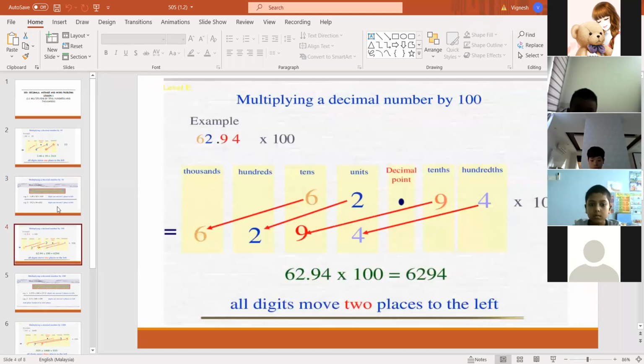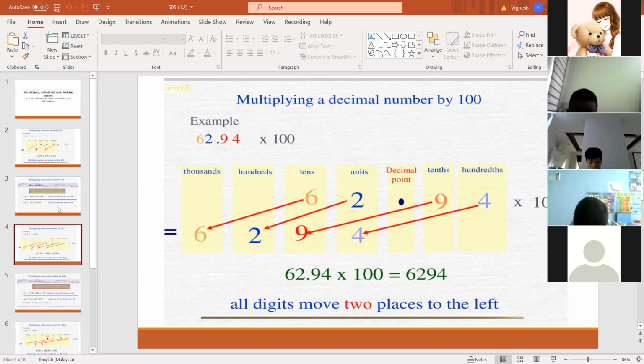And the same goes to 100. For multiplying by 10, you are moving only one decimal place. How about multiplying by 100? How many decimal places?